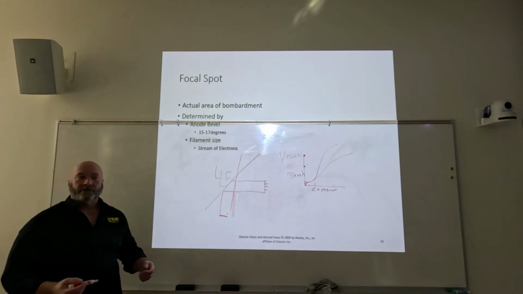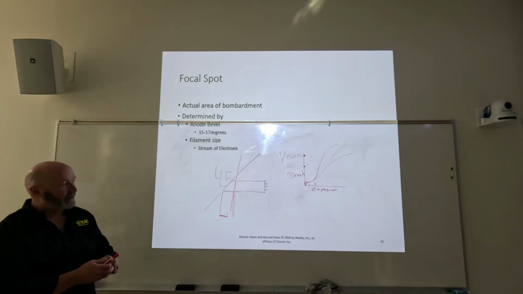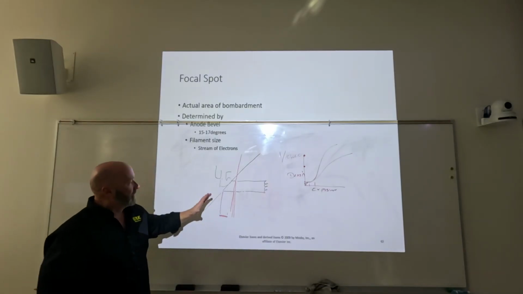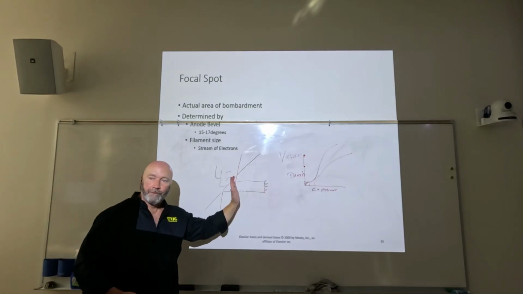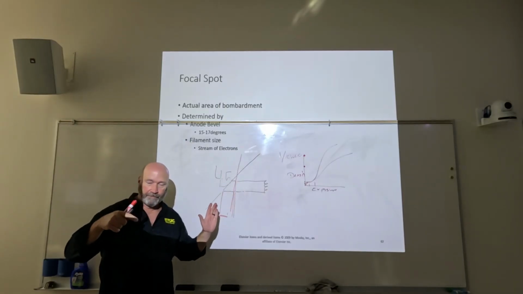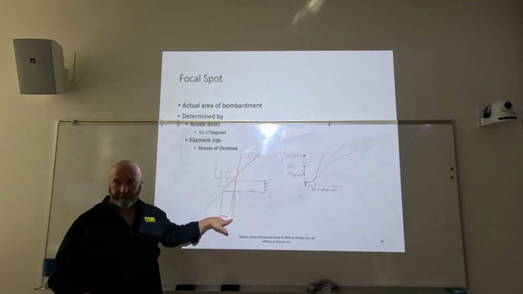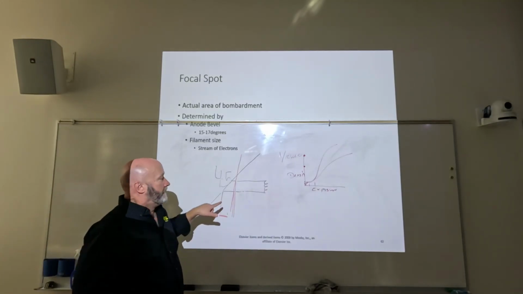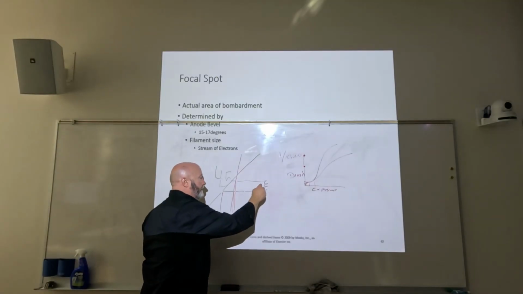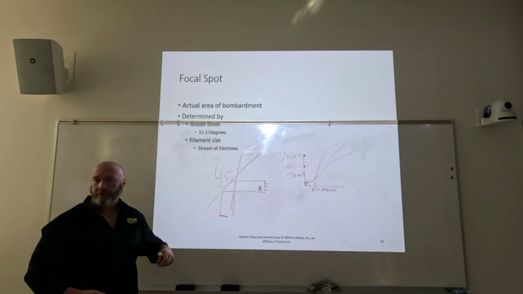Okay, so the things that control your focal spot size that are inherent in your electron stream is the angulation of the bevel. The steeper the angulation, the smaller the number, the smaller the focal spot, and especially the smaller the effective focal spot, right? So size of the filament, if we use a smaller filament, then naturally we're going to have a smaller area of impact and we're going to have a smaller focal spot.